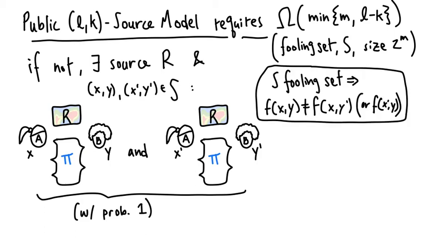Because S is a fooling set, f must differ on either x and y' or x' and y. Here we'll simply assume it differs on x and y'.